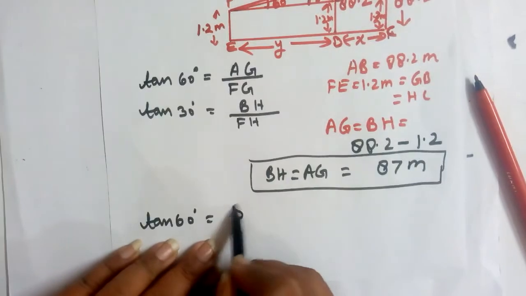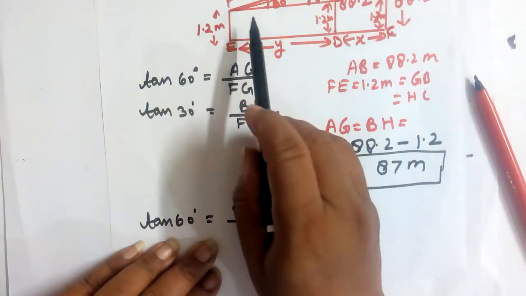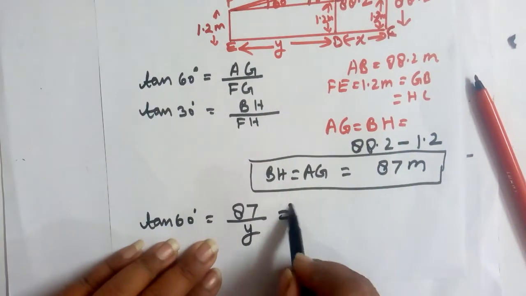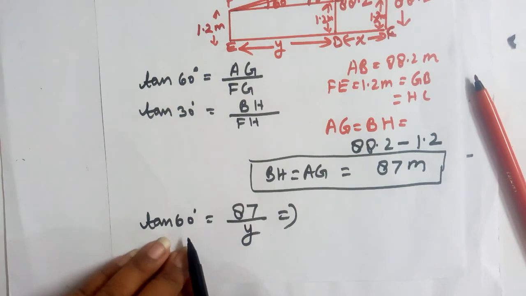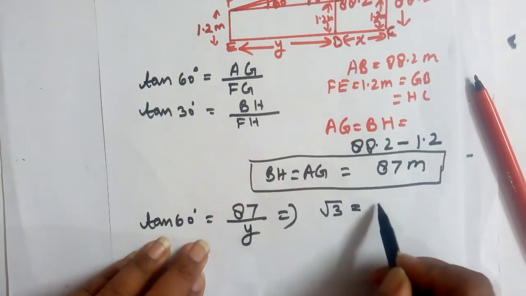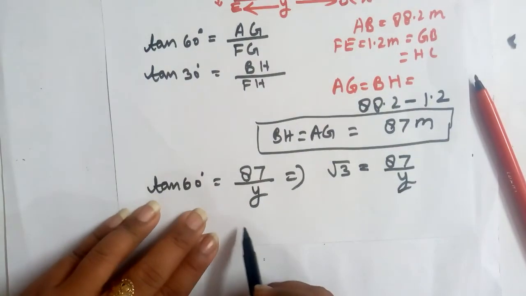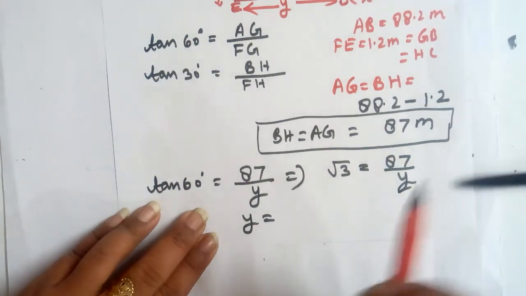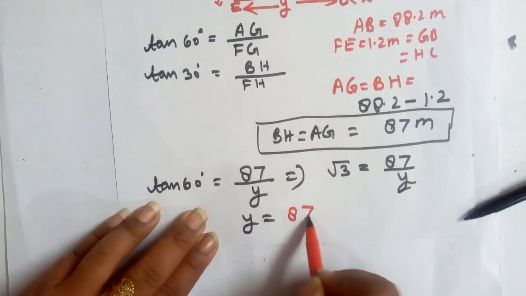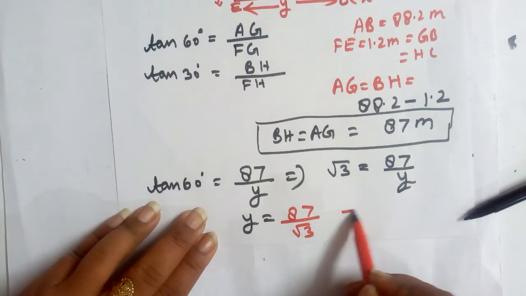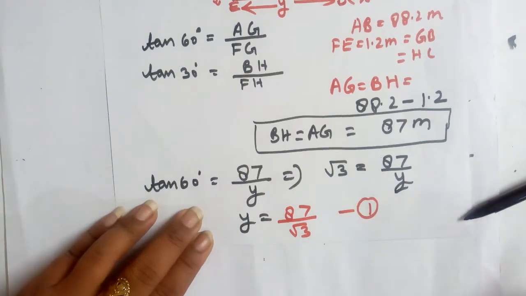AG is 87, and FG, this is what we have given as Y. So we can write here, tan 60, the value of tan 60 is root 3, is equal to 87 upon Y, or we can say here Y is equal to 87 upon root 3 by cross multiplication. Clear? Yes, 87 upon root 3. So we can give this the very first equation.